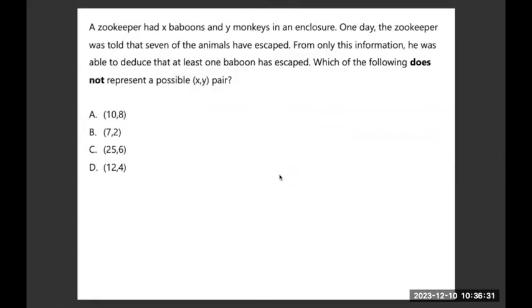A zookeeper has X baboons and Y monkeys. One day, the zookeeper was told 7 of the animals have escaped the zoo. From only this information, he was able to deduce that at least one baboon has escaped. Which of the following does not represent the possible XY pair? It says MCQ. Only one answer is correct in this case.